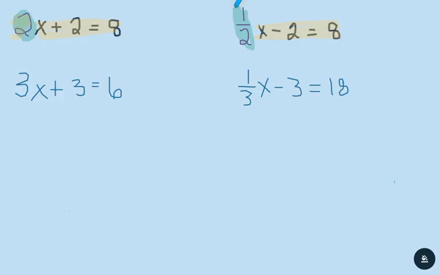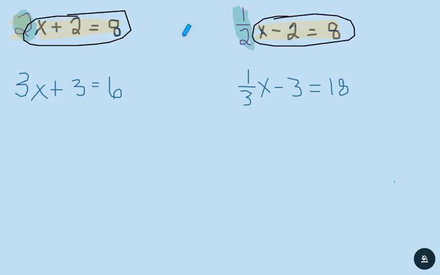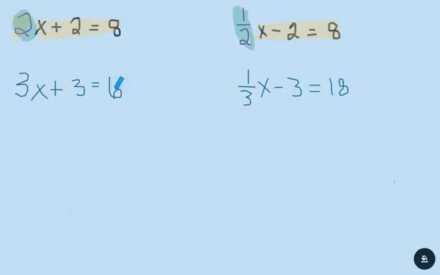So yesterday, when we first came into class, we saw this right here, and I'm just going to circle it. We saw x plus 2 equals 8, and we saw x take away 2 equals 8. Today, we're going to add a step to that. So for the x plus 2 equals 8, you just take away 2 from both sides, right?